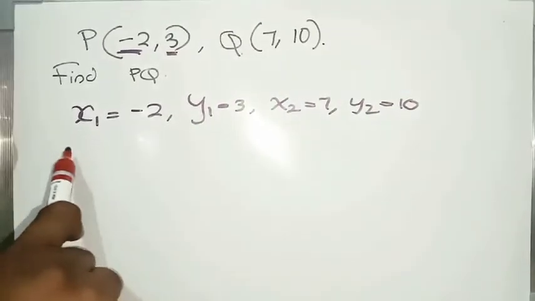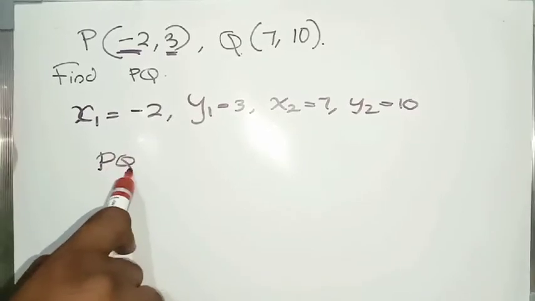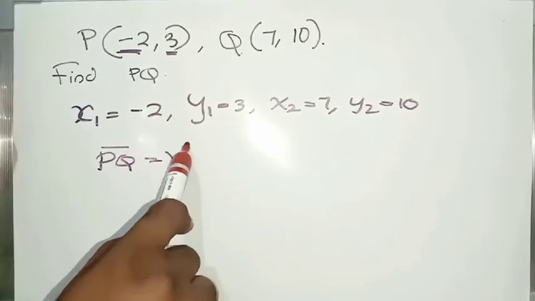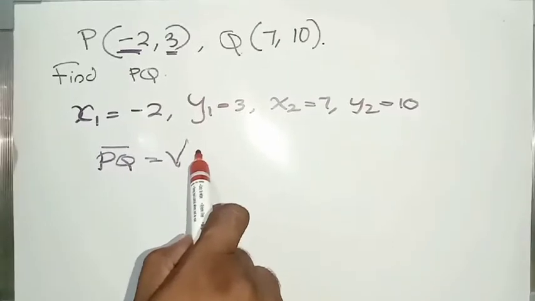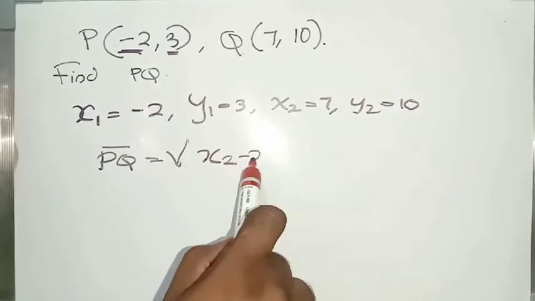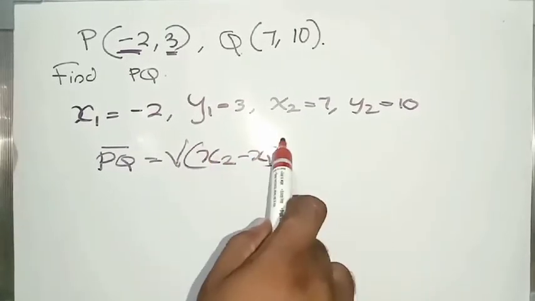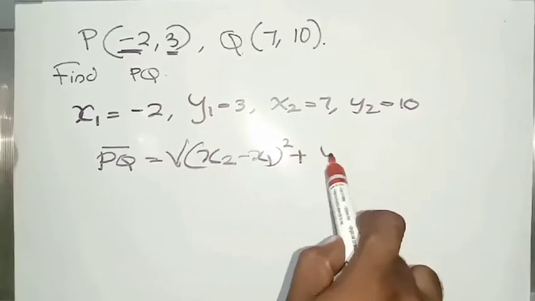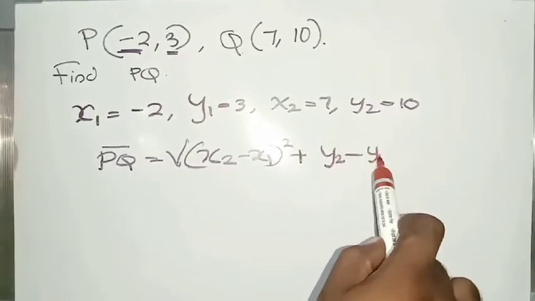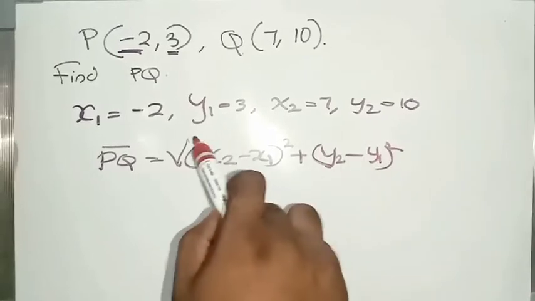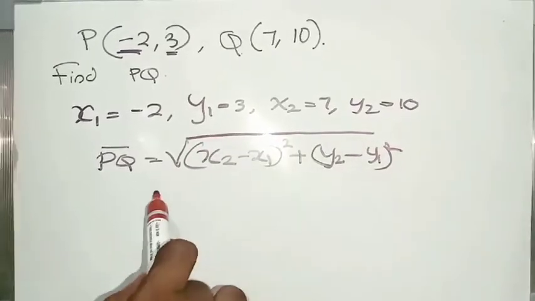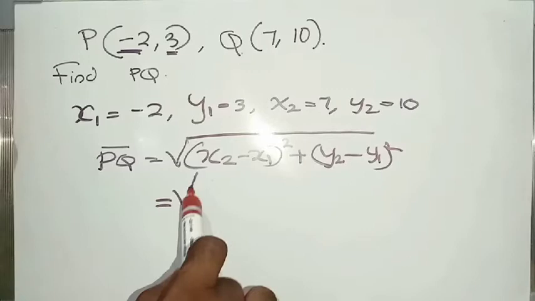Now our formula for the length of the line PQ is square root of (x2 minus x1) squared plus (y2 minus y1) squared.